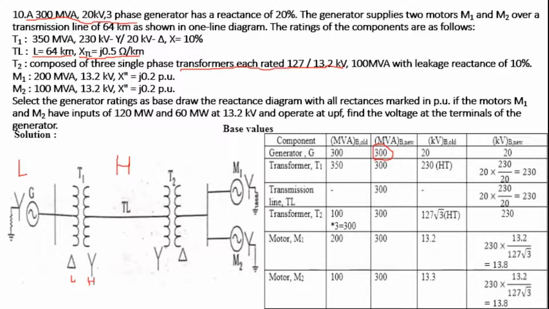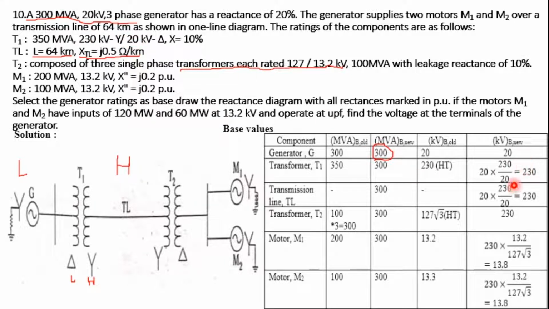The new HT rating equals the LT rating from the generator, 20, times the HT rating of the transformer, 230, divided by the LT rating of the transformer, 20.